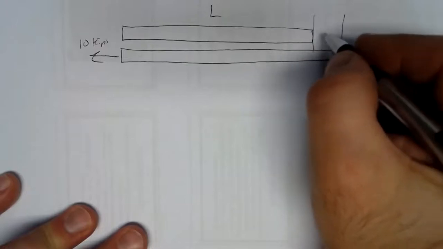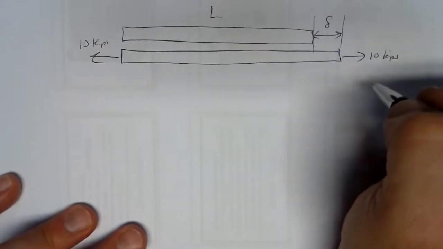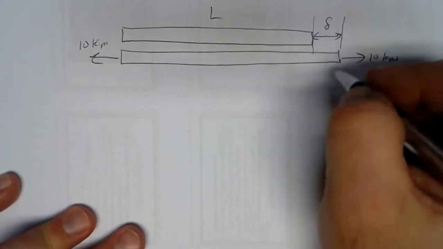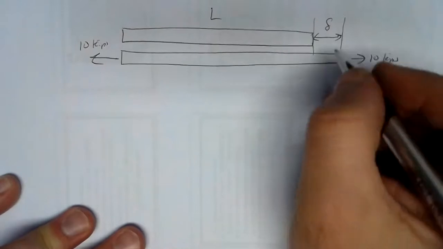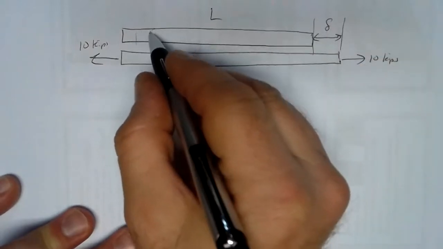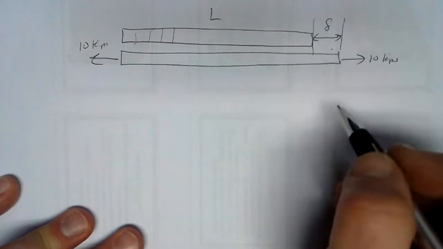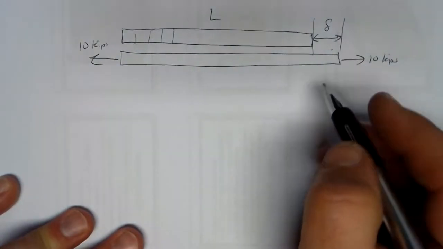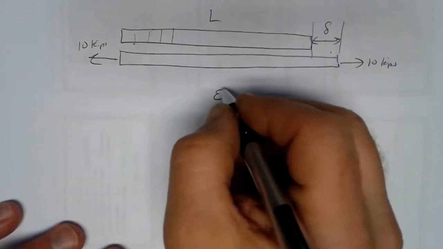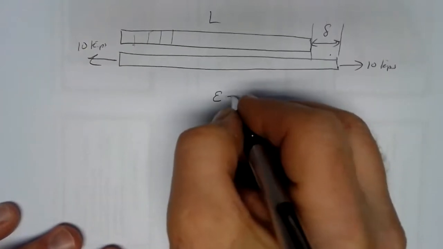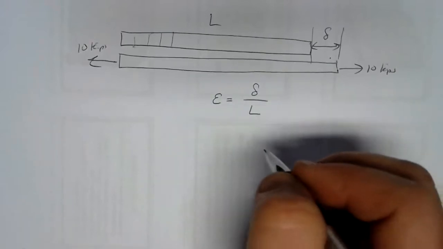That amount we call the elongation, with this Greek letter, delta. If we spread that out over the entire length, so we think about what each little piece has to grow by in order to eventually end up being longer by delta, we get the normal strain, which uses the symbol lowercase epsilon, another Greek letter. So epsilon is delta divided by L.